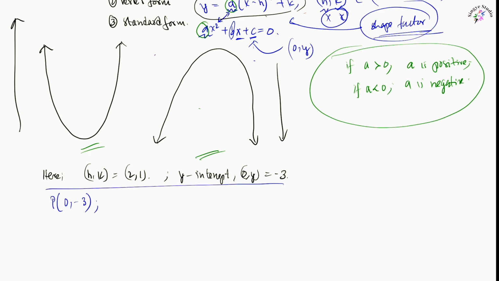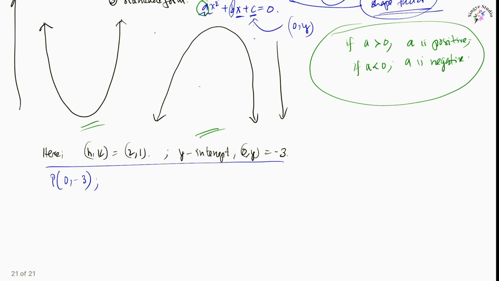With this information, now we have y equals a times (x minus h) whole squared plus k. And we know the h value and the k value, and we know the x value and y value for this point, to find the value of a.